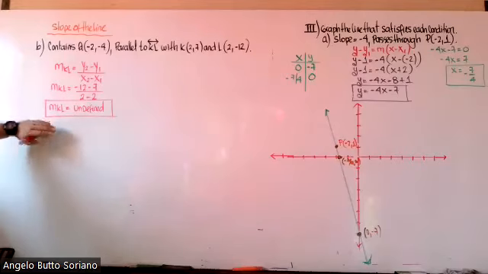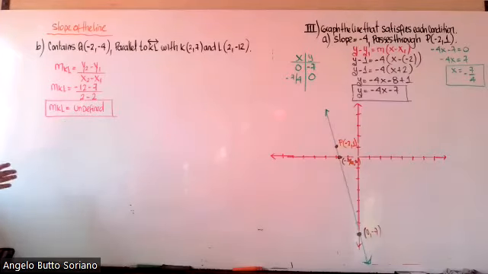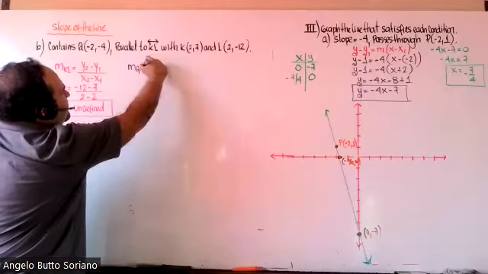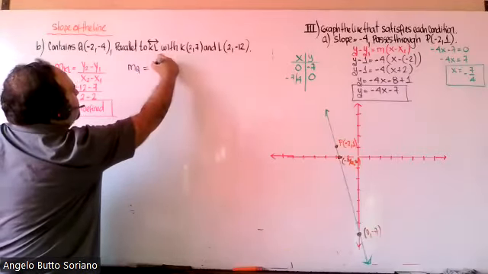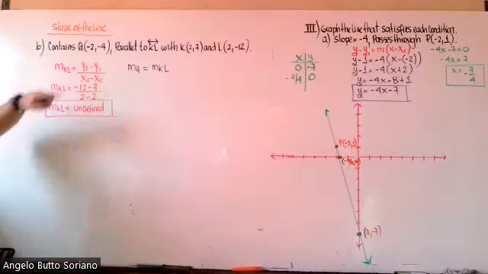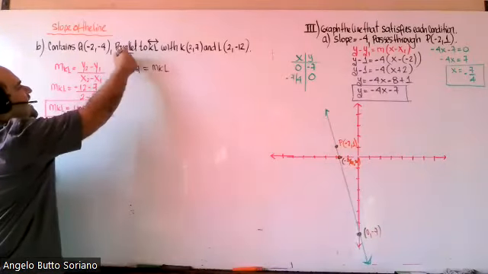That's not possible, but what does that mean? That means there's no slope in KL. We're going to have a vertical line. And for that reason, the slope of the line Q will be exactly equal to the slope of the line KL, because the problem says they will be parallel.